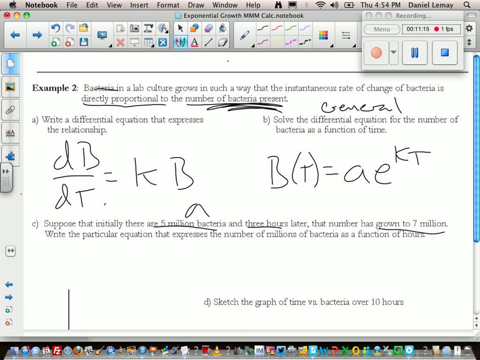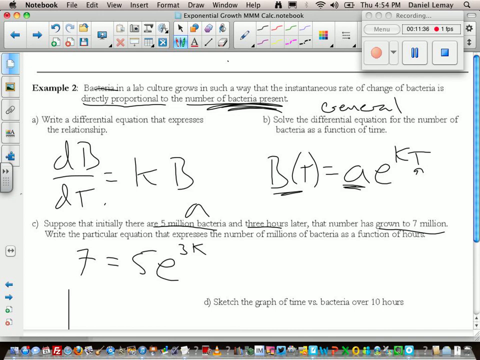That'll let us find k. So we can say 7 million equals 5 million times e to the 3k. I hope you're following what I did there. I knew that was 7, I knew that was 5, and I know t is 3 because it's 3 hours later.